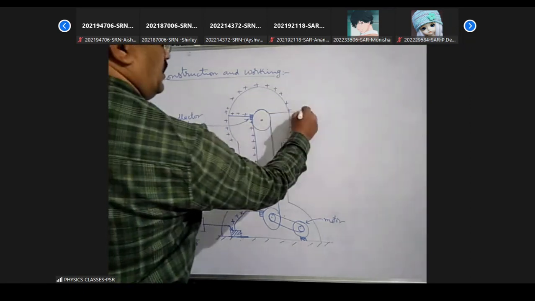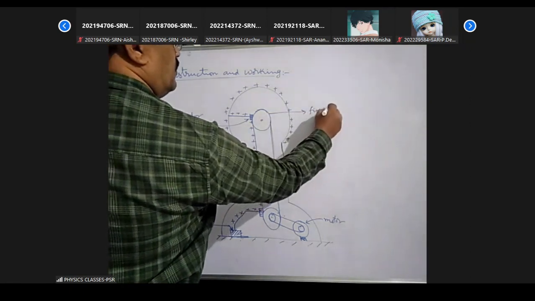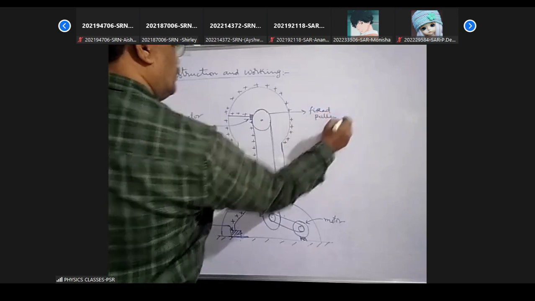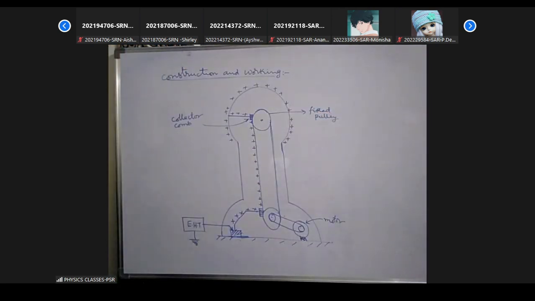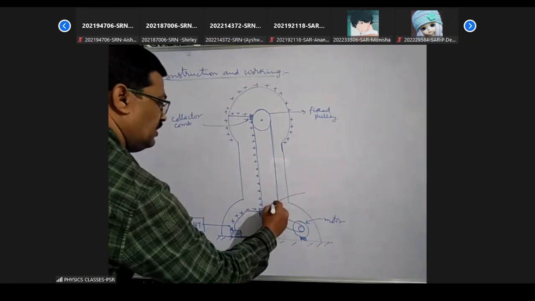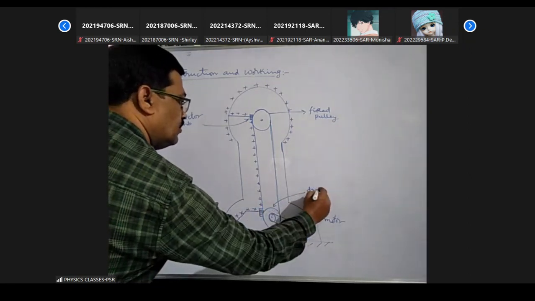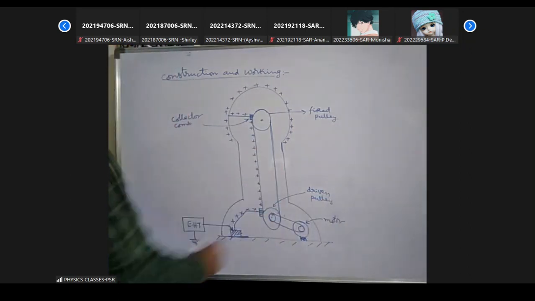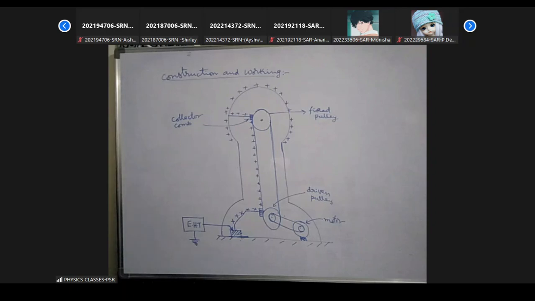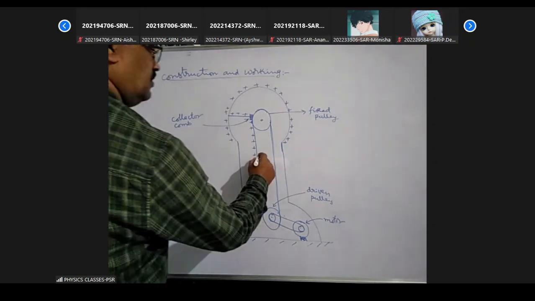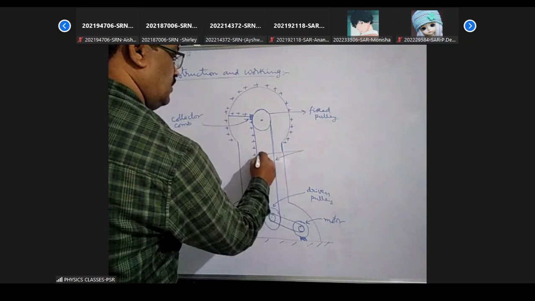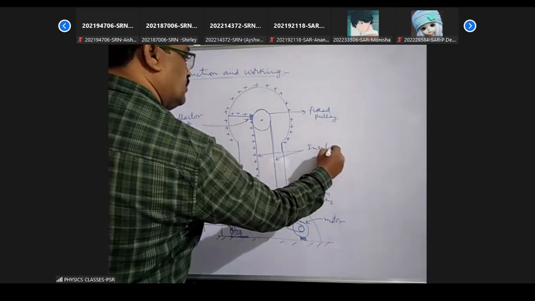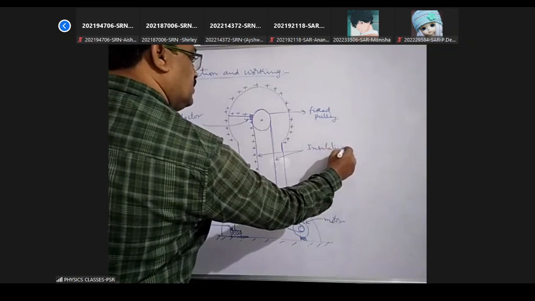This is a fixed or idler pulley, and down here this is a driven pulley, which drives the belt. This is the insulating belt.